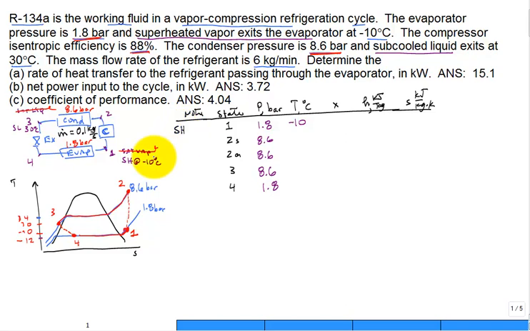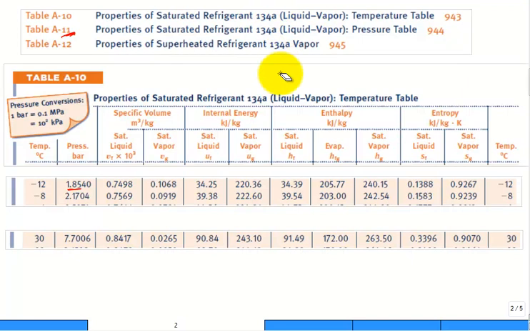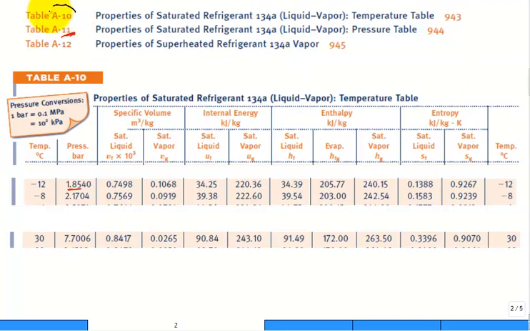And we know our tables to help us evaluate properties. So for refrigerant 134a in our textbook they're using, we have table A10, A11, and A12. So if it's two-phase liquid vapor and you know the temperature is the primary input, use A10. Or two-phase liquid vapor pressure table, that's a primary input, use A11.